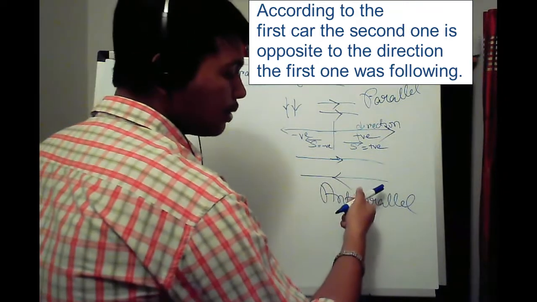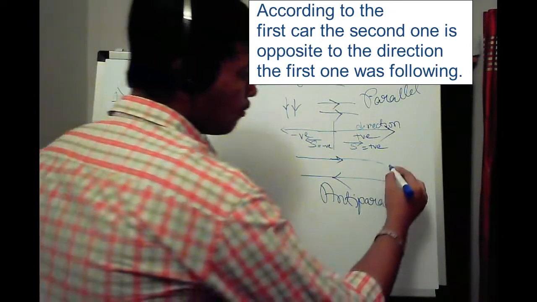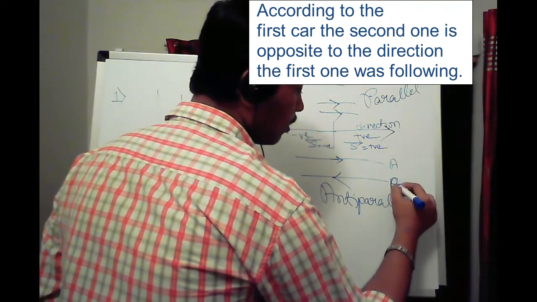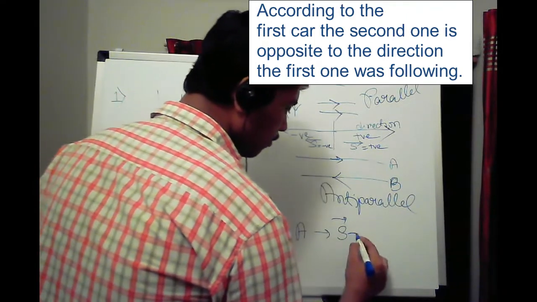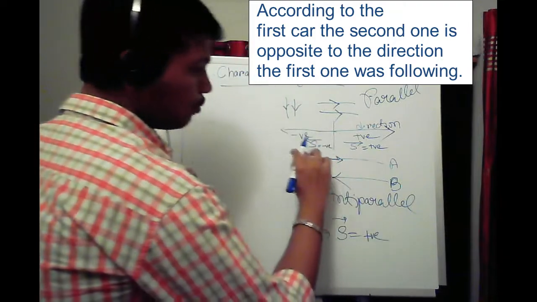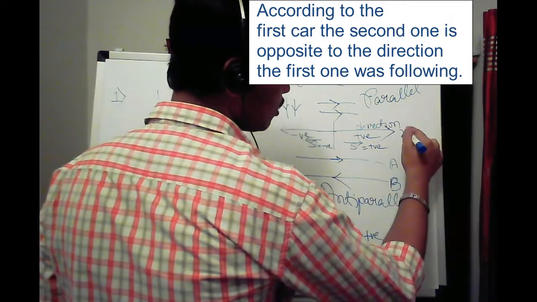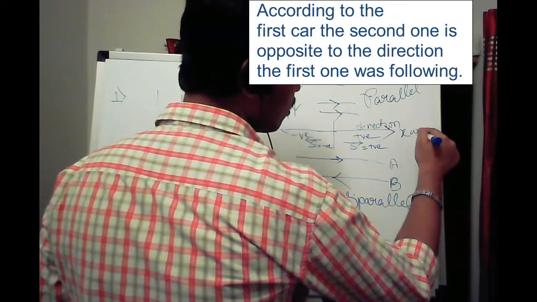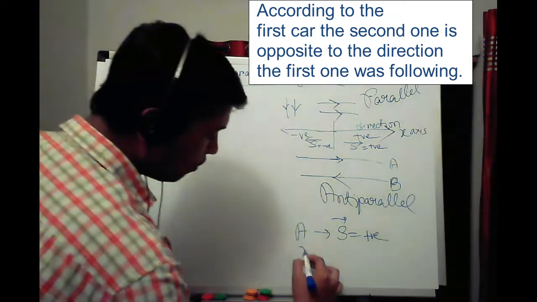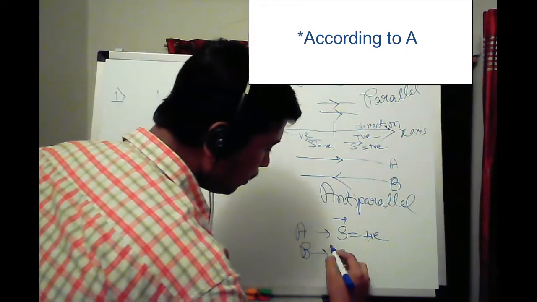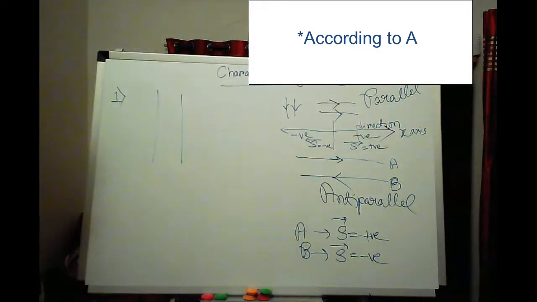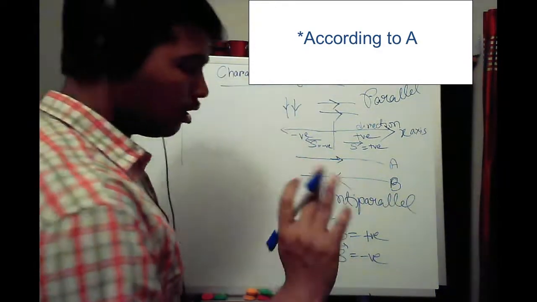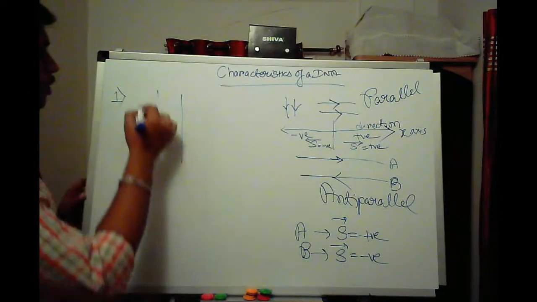So its displacement is negative. For example, this is car A, this is car B. A's displacement would be positive because A is moving in the positive x-axis, and B's displacement will be negative because B is moving in the negative x-axis. Clear? So this one is anti-parallel.